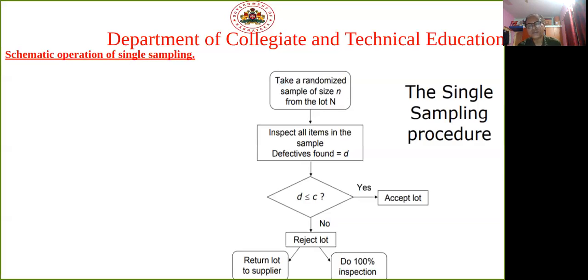The first step in the single sampling plan is that we randomly take a sample of articles or jobs of size small n from a lot of capital N. Whatever size you take is the sample. Now look at the second block: inspect all the items in the sample.